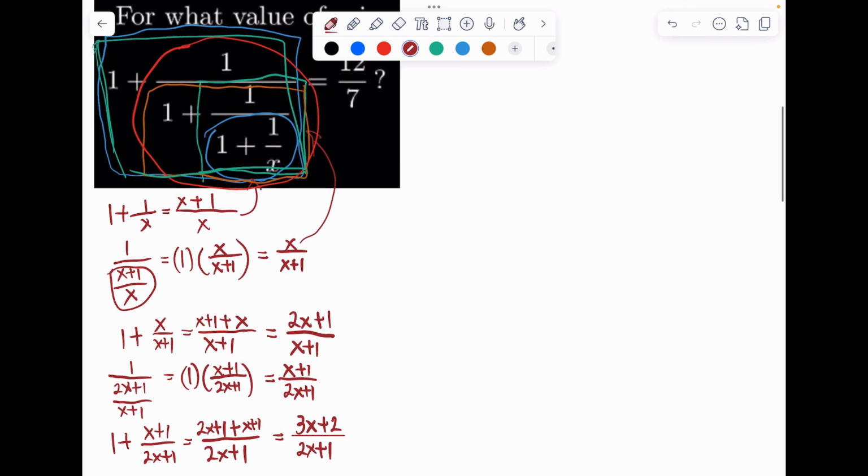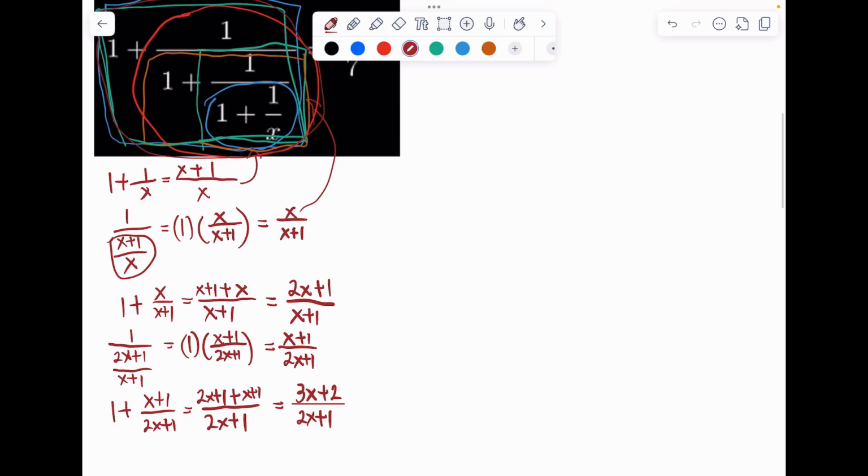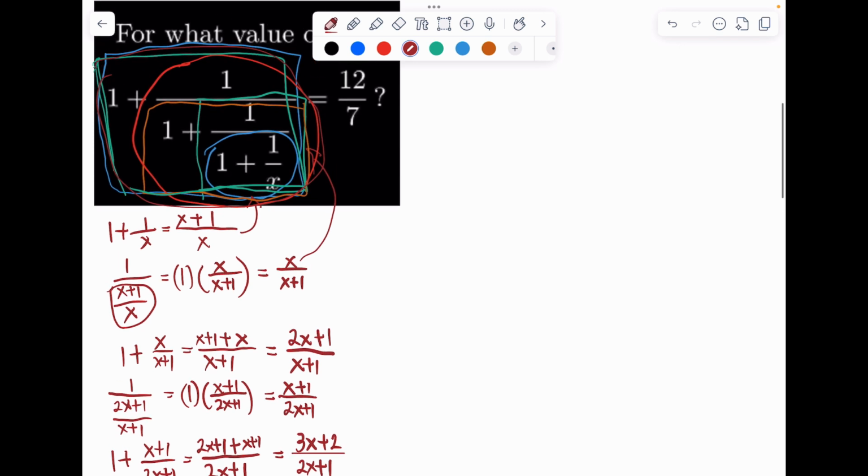And now that we have simplified this entire thing, we're going to equate 3x plus 2 over 2x plus 1 to 12 over 7.